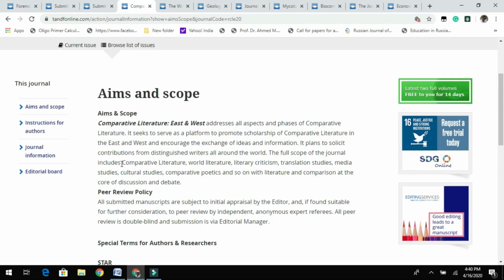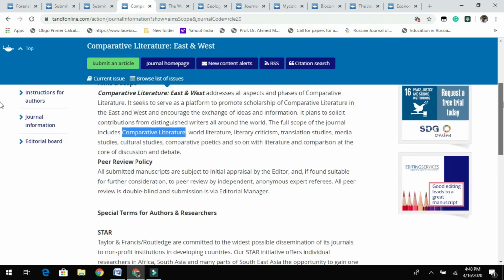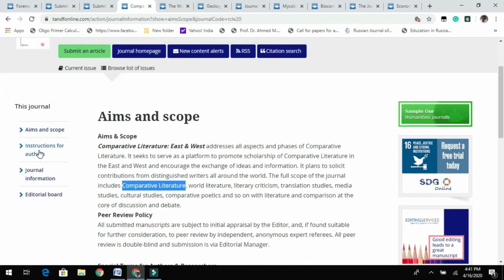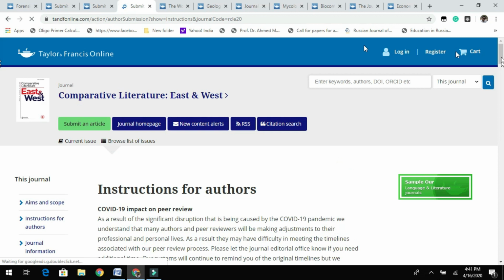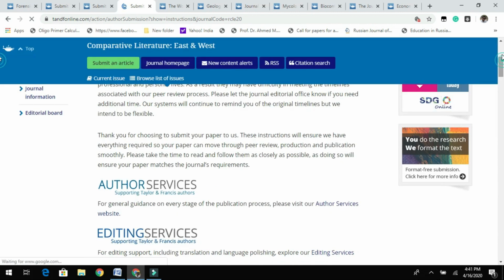They accept articles related to comparative literature, world literature, literary criticism, translation studies, etc. It is a peer-reviewed journal. So if you are planning to submit literature related articles, then you can check this journal and see if it falls under your scope.